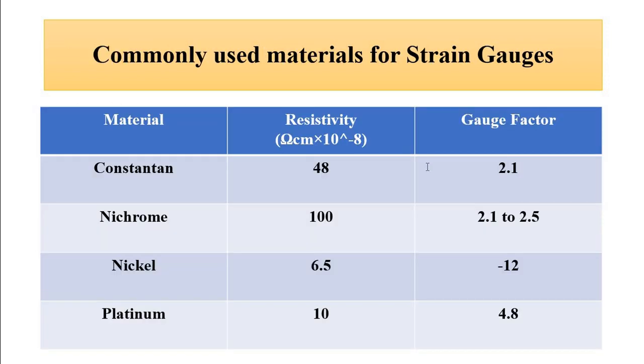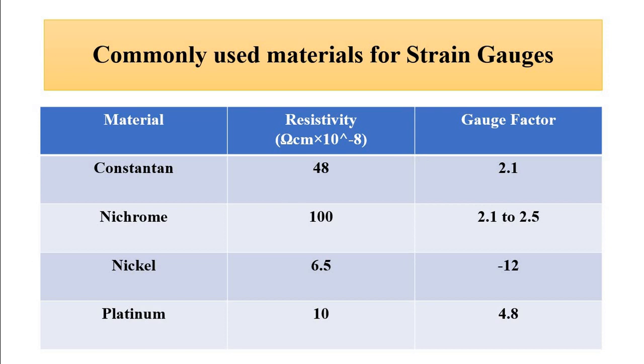So these are some of the commonly used materials for strain gauges with their resistivity and gauge factor given. First is Constantan, resistivity 48, the unit is mentioned here, and gauge factor, which has no units, is 2.1.